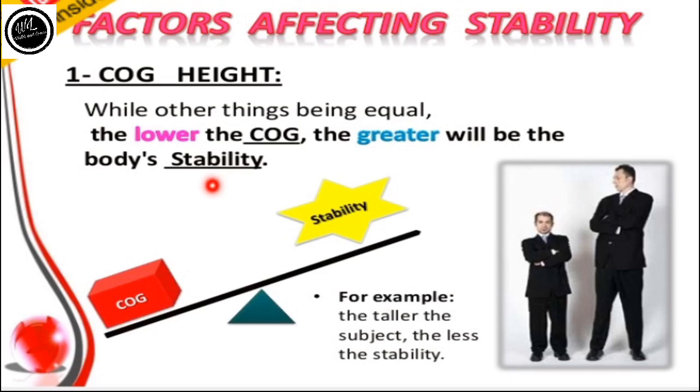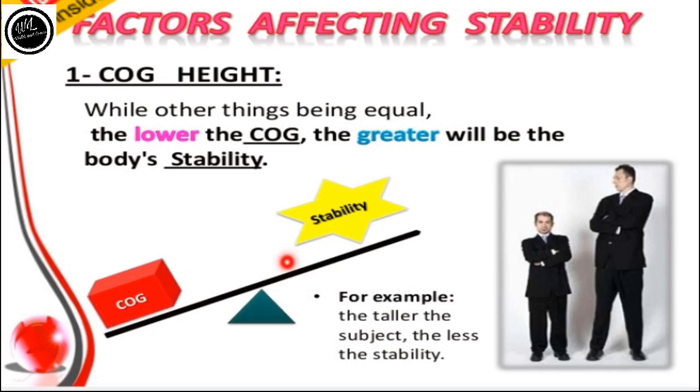Now let us study the relation between the center of gravity and stability. We have discussed that if the center of gravity is at the lowest position, the body will be more stable. And if the center of gravity is at the highest position, the body will be unstable. So the height of the center of gravity is inversely related to the stability of a body.